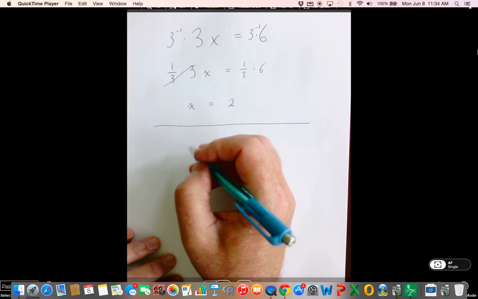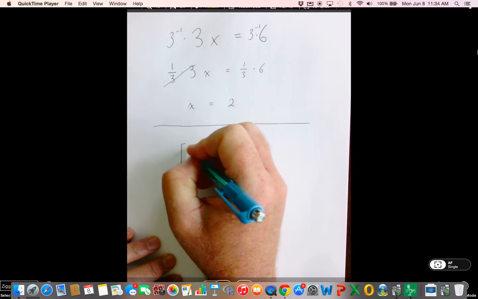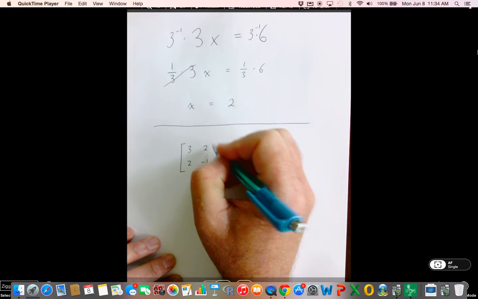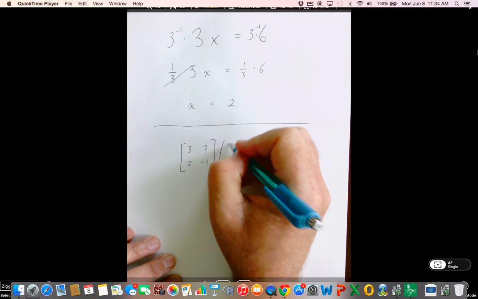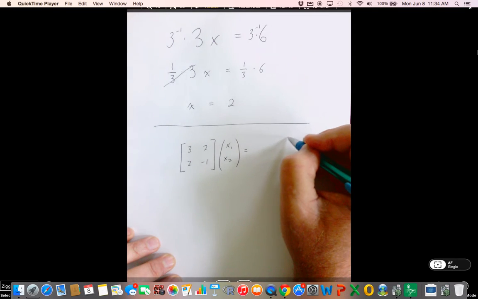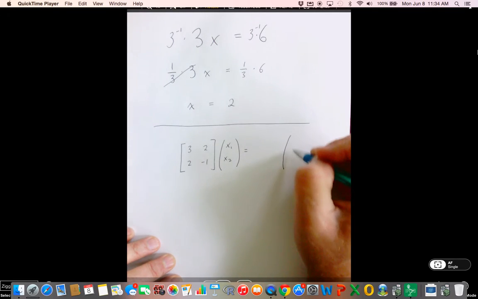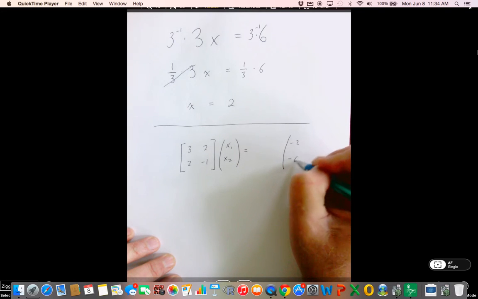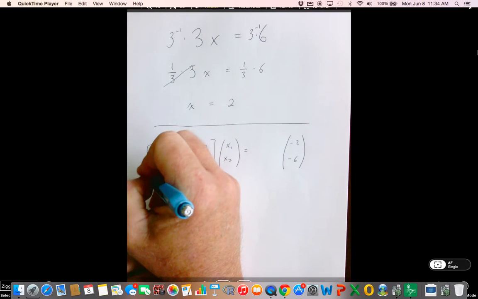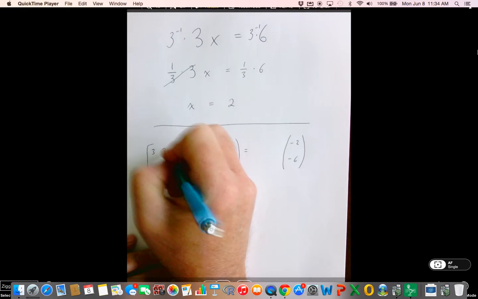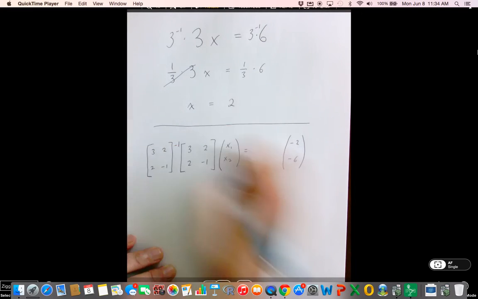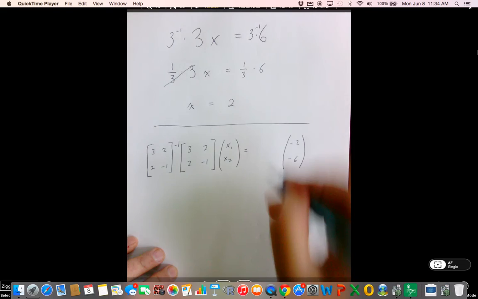So gang, what that leads us to is, after all the smoke clears, I'm going to leave some room to do this. I want to multiply over here times its inverse.